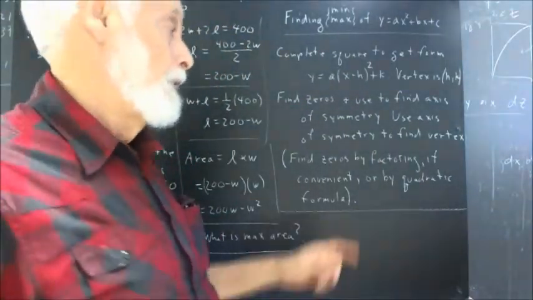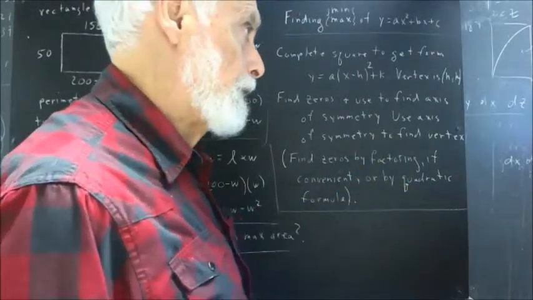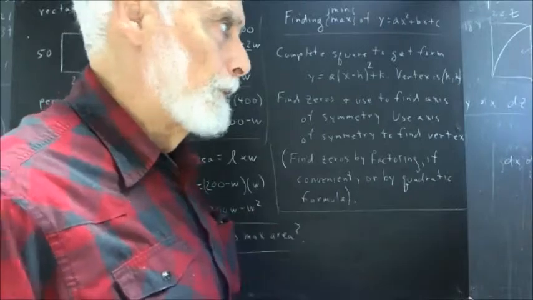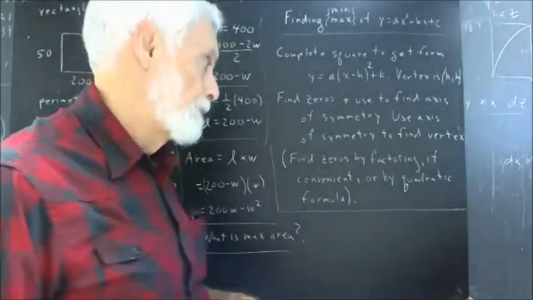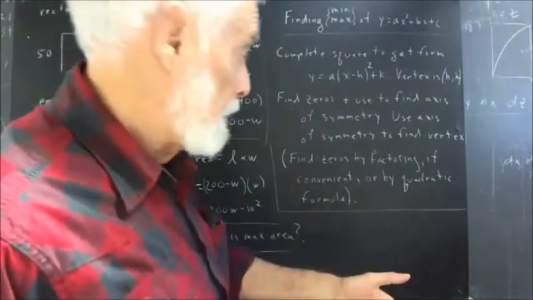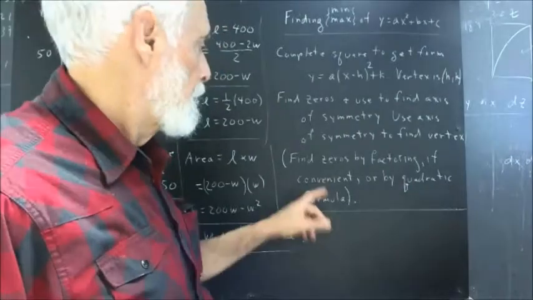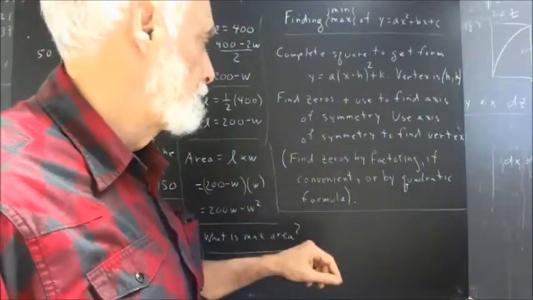But if you can factor it relatively easily, by all means, you should do that, because it's a little easier than plugging all those numbers into the quadratic formula and simplifying it. However, if that's what it comes down to, that's not difficult, and it doesn't take all that long. You could use the quadratic formula to find the zeros.